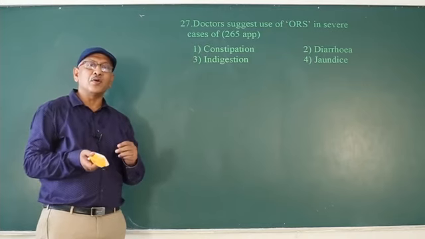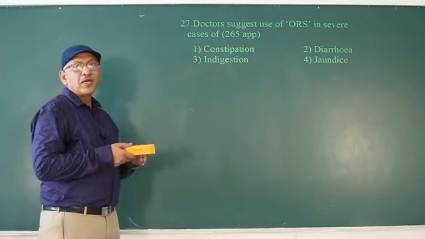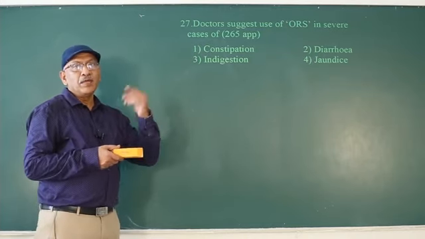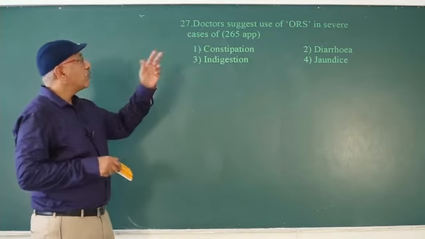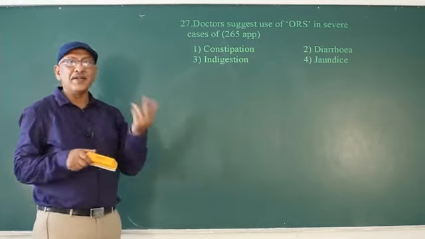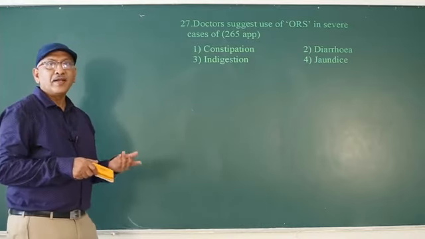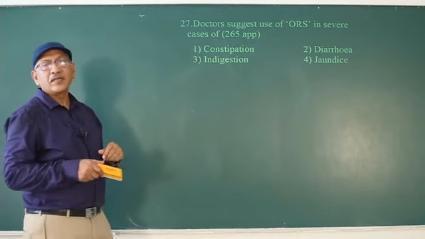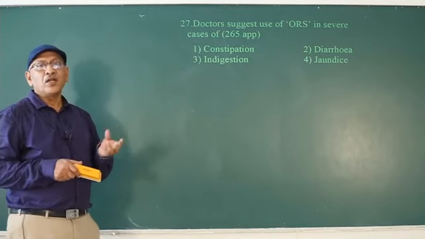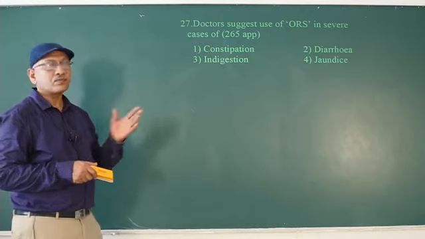Similarly, during sunstroke. Why do some people die due to sunstroke in midsummer? Due to dehydration. That's why ORS means oral rehydration. Oral rehydration, again hydration, maintain the water level. They keep some salts. You already know salts retain water.